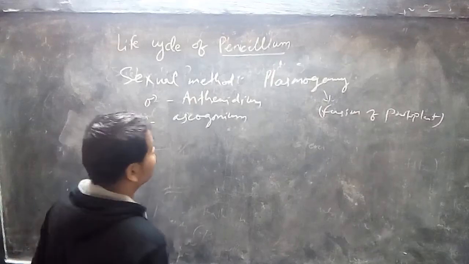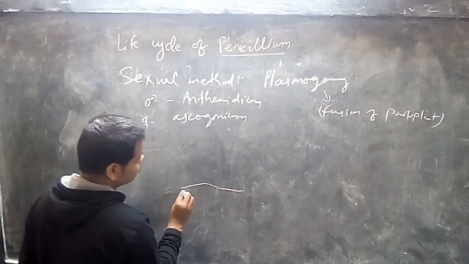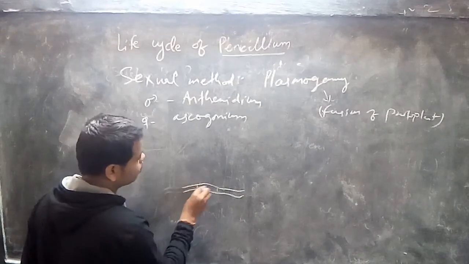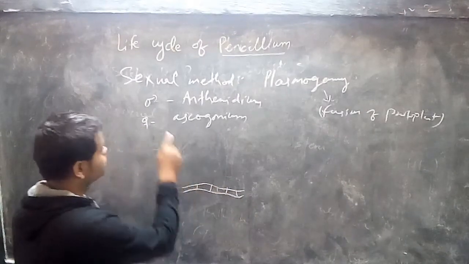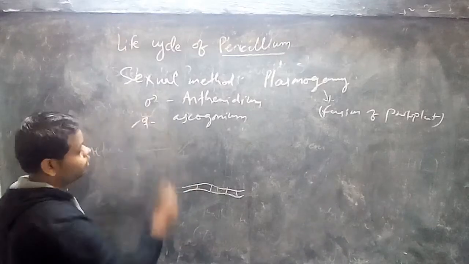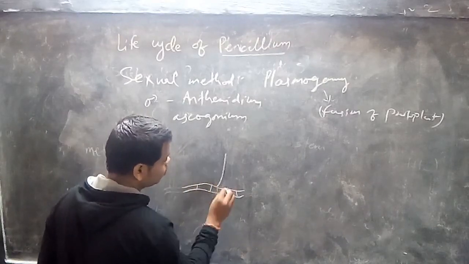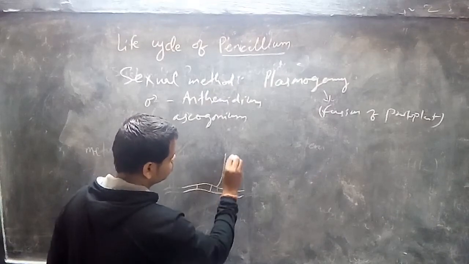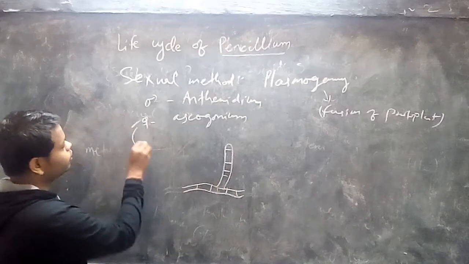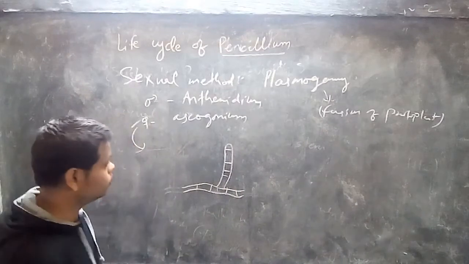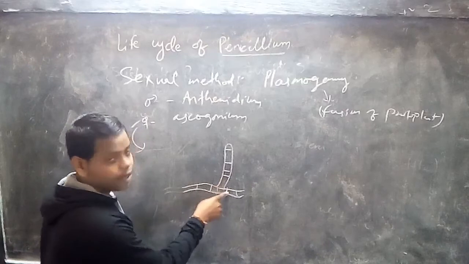Okay. Now these sex organs arise from any vegetative part of the hyphae, any aerial part of the hyphae. How? First, ascogonium is developed. First, ascogonium is formed in an upward manner from any part of the hyphae. We are discussing the ascogonium first. Okay, ascogonium arises from any vegetative hypha.